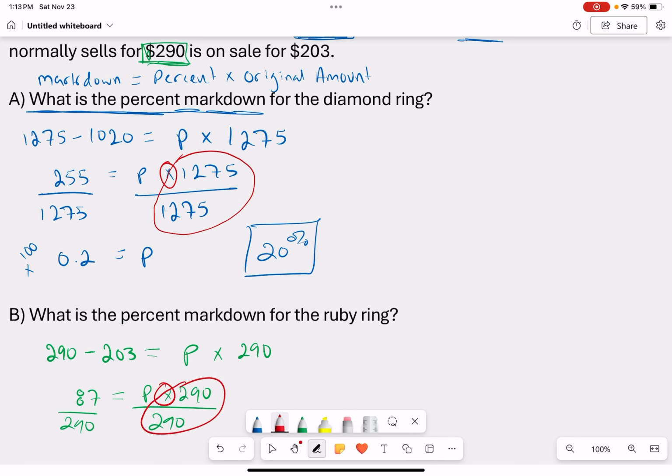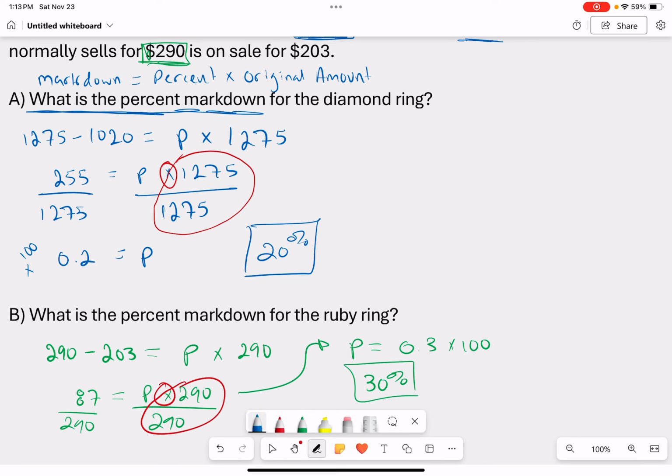So 290 divided by 290, we're going to draw an arrow here, is just going to equal 1P, or just P. And 87 divided by 290 is going to equal 0.3. And in order to put that in percent form, we multiply it by 100, and we get 30%. So the markdown for the ruby ring is 30%.